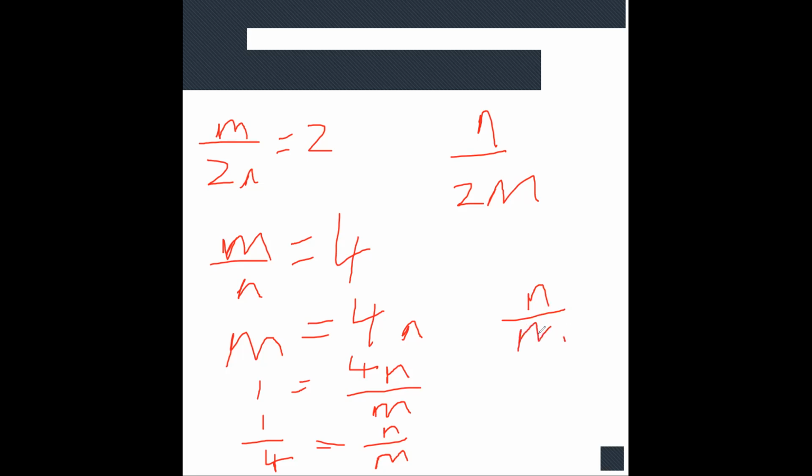What is actually happening is that n over m is being multiplied by a half. So if we want to multiply n over m by a half, we also have to multiply 1 over 4 by a half. So that's how we get 1 over 8 is equal to n over 2m.